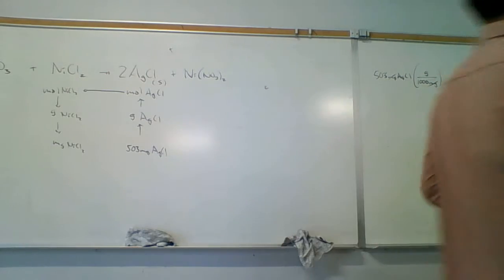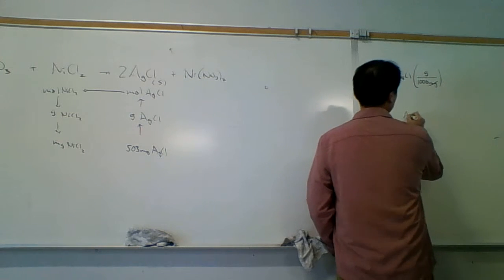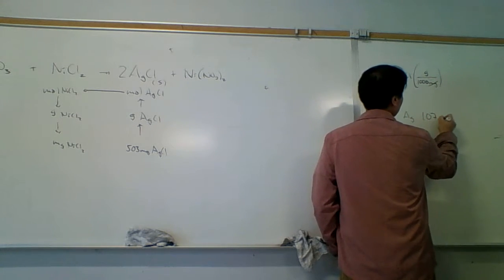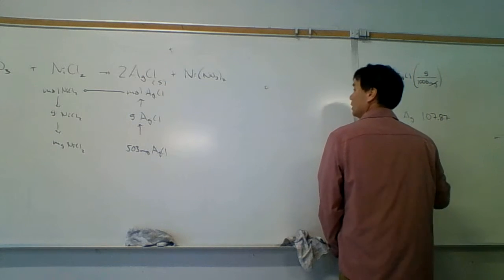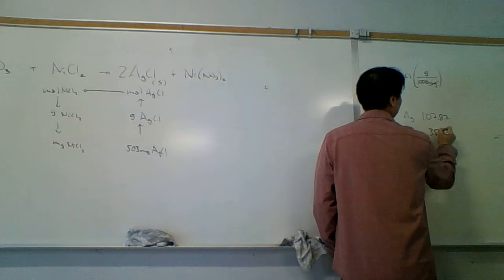It's over here. It's hard to read. Silver, Ag is 107.87. Let's figure out the molar mass here. Ag 107.87. Chlorine, which is off to the side there, is 35.45.